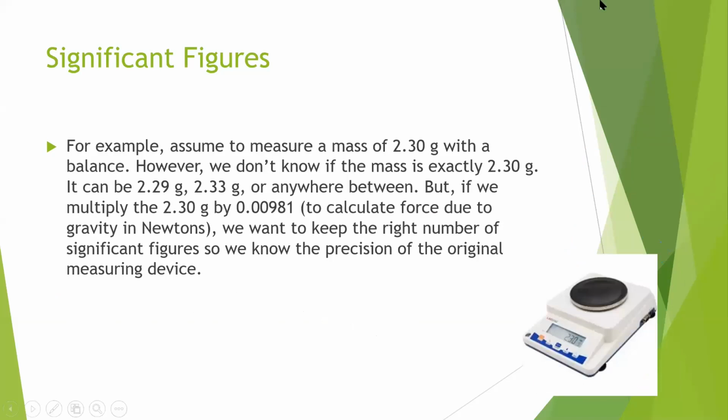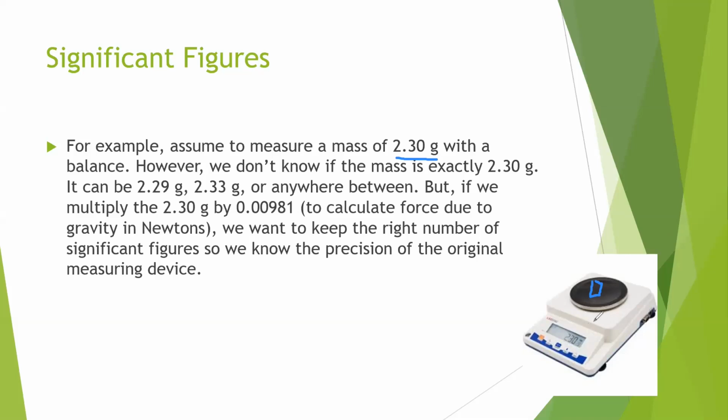And then going back to my example earlier, suppose we have something on here that is 2.30 grams. We need rules for adding, subtracting, multiplying, and dividing significant figures because we want our answer at the very end to reflect how certain we are of the answer.